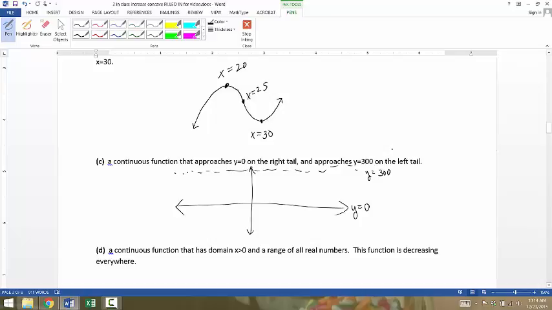It says on the left it approaches y equals 300. So my graph on the left should approach that height. It says on the right it approaches the x-axis, y equals 0. And it doesn't describe what happens in the middle, but I could, for example, do something like this.